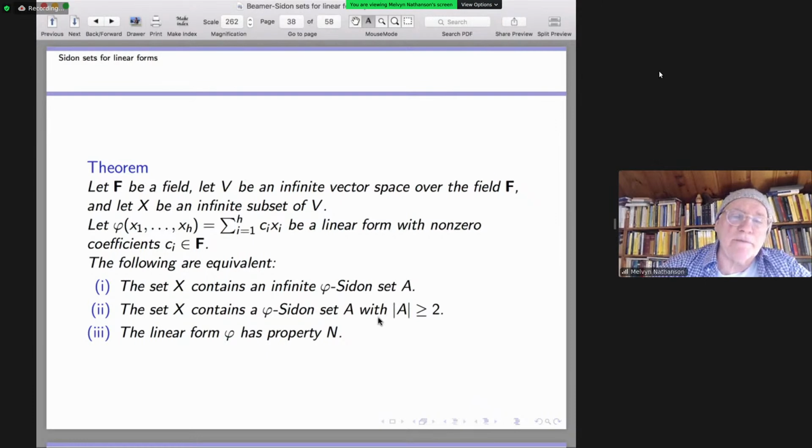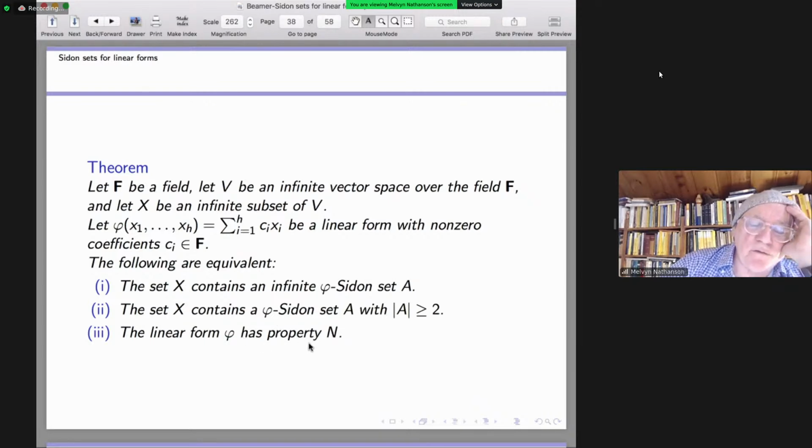The second statement is that the set X contains a phi Sidon set with at least two elements. Of course, one implies two, because if there's an infinite set, there's a set that has at least two elements. The third property is that the form phi has this property N: the coefficient subset sums aren't equal.